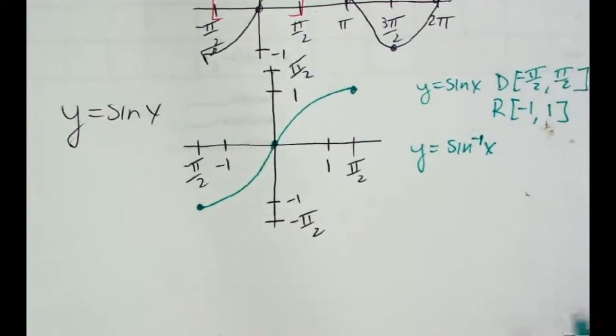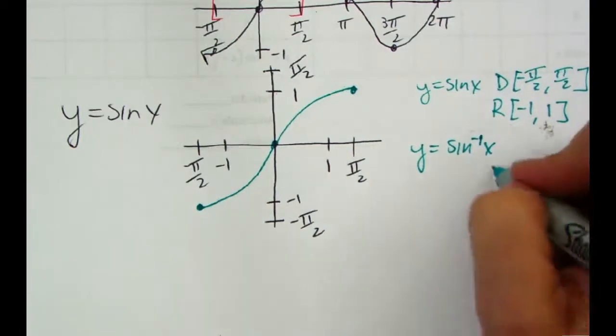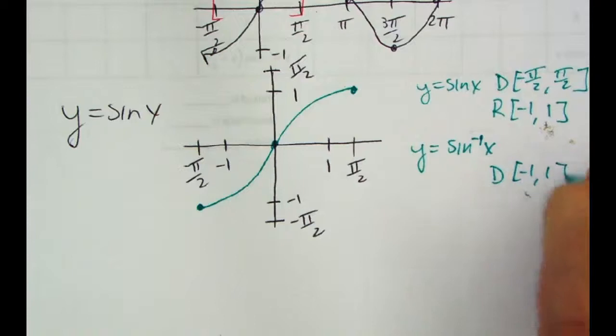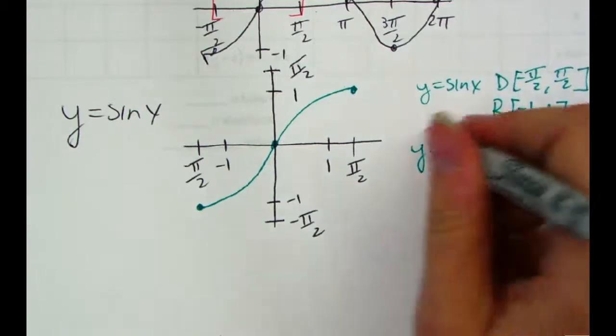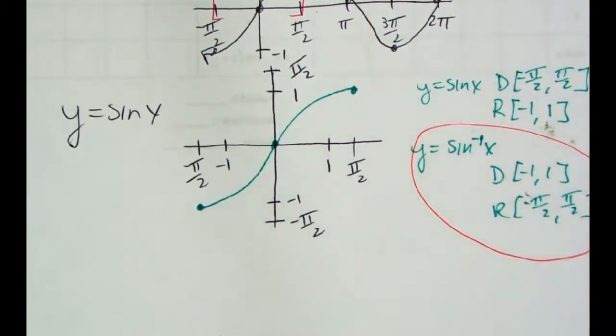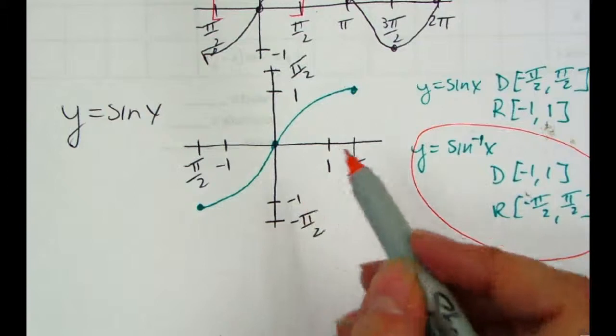What else could we say about inverses on domain and range? What happens to those? They get switched, don't they? So my new domain better be from -1 to 1, and my range better be from -π/2 to π/2. Actually, I should have done that one in orange, because I'm going to sketch that out in orange. So all I do is switch out those x's and y's.